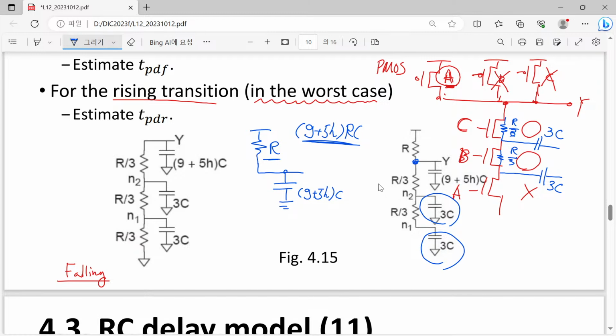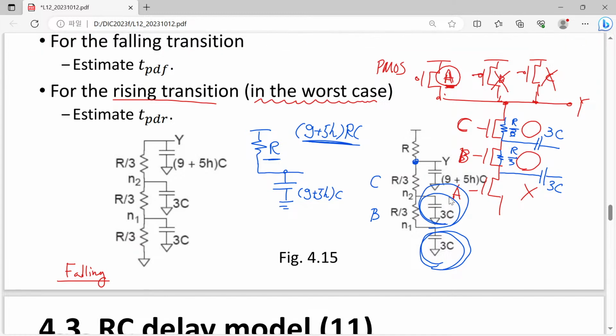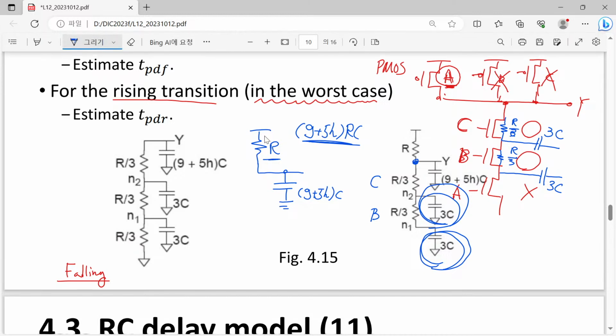However, in this case, when C transistor and B transistor are turned on, your PMOSFET must also charge the diffusion cap of your B transistor or A transistor. Okay, so the time constant will be much longer.